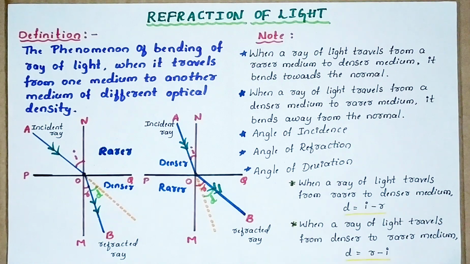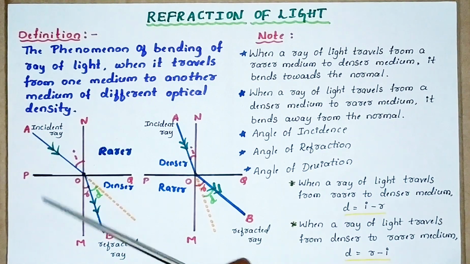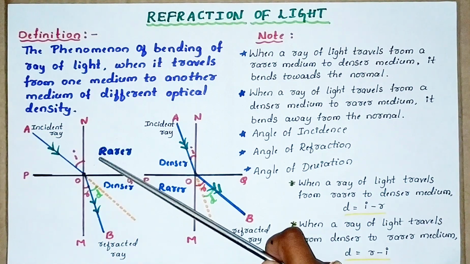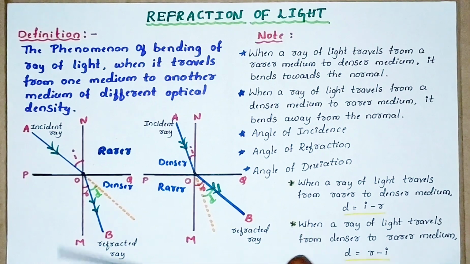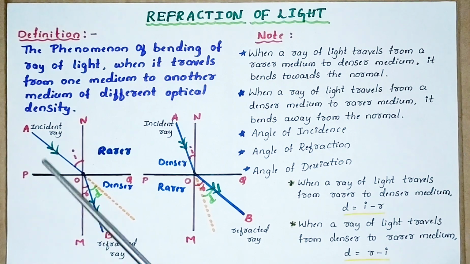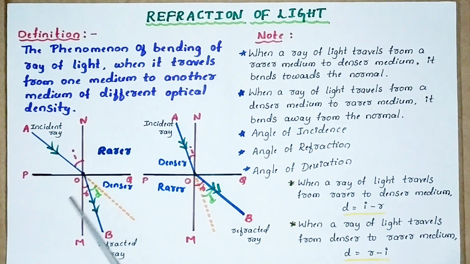What happens? Observe here. The ray of light is traveling from rarer to denser, low density to high density. The speed of light decreases. When the speed of light decreases, it bends towards the normal. This ray of light has to travel in a straight line, right? So instead of this path, it changes its path, it is deviated, it is bending.